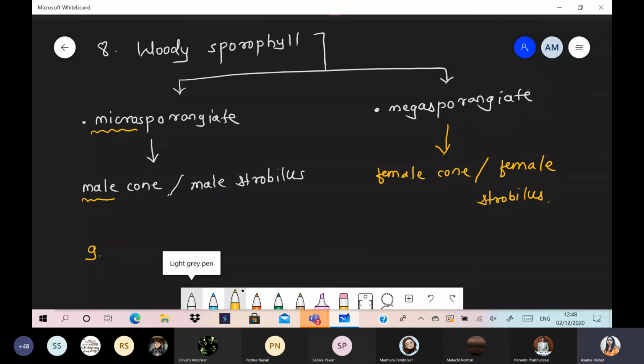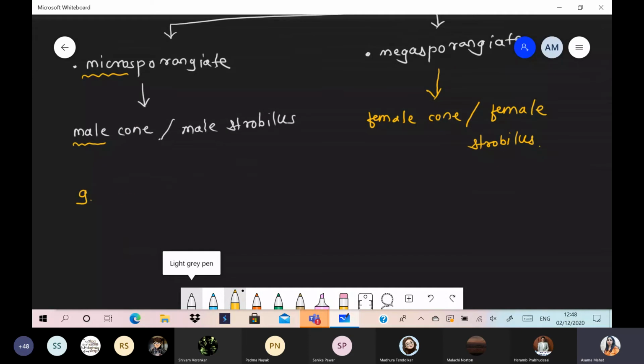Okay. Next part, number 9, we are talking about part of wood. Wood is nothing but the secondary xylem. We'll discuss that part later in the anatomy chapter. Normally xylem is present for water conduction.